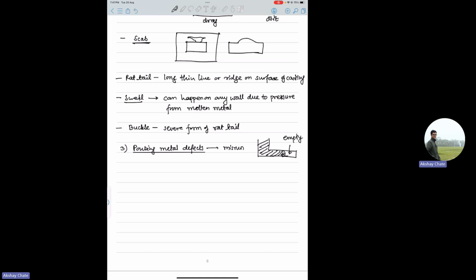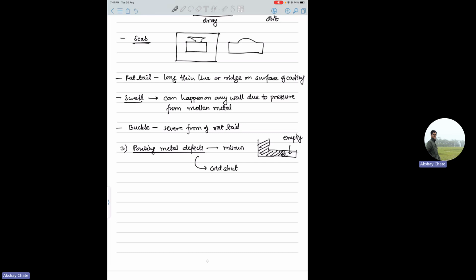It can happen for a lot of reasons: low fluidity, the surface structure of your mold, or the mold design. If there is entrapped air, it will push back. If there is no proper ventilation, all those things apply. That is misrun.